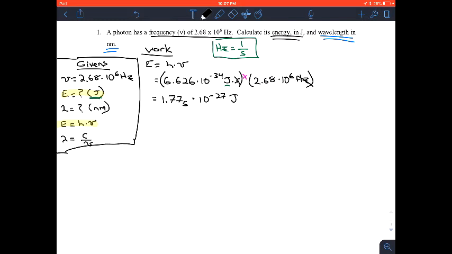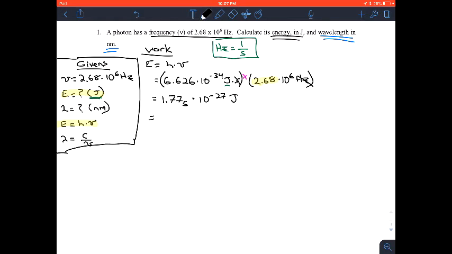Now, you'll notice that I have the 5 as a subscript because we need to round to 3 significant figures. So I just put the 5, in this case the 4th significant figure, as a subscript in order to remind myself that I need to round to 3 sig figs.